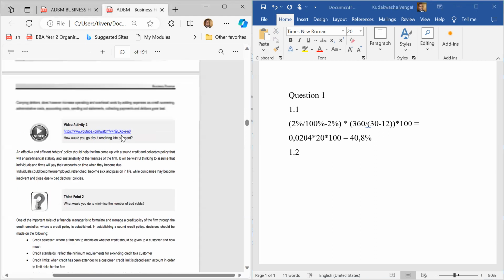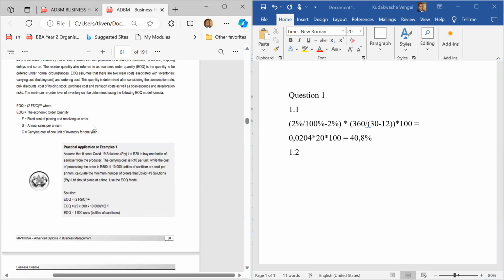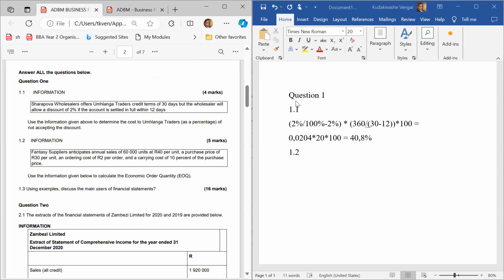So again, if you go to unit number 3, you search for the formula for economic order quantity, and then you apply it. EOQ equals the square root of 2 multiplied by the ordering cost multiplied by the annual sales, divided by the carrying cost.